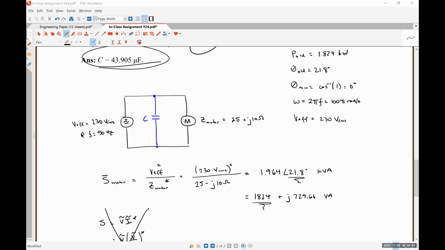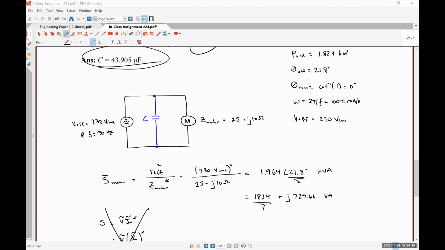Yeah, this is it. All right, so this is the circuit that we are going to be analyzing in order to determine the value of the capacitor that gives us a power factor of 0.92 lag.